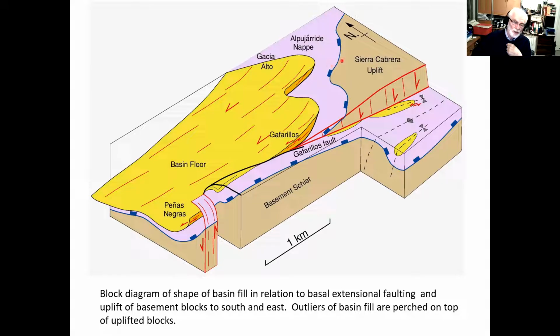So the Sierra Cabrera basement here is uplifted more than the basement on this side. But on this bit over here, this bit of basement is lifted up higher. So it's a kind of a scissors fault. So the sense of movement actually changes from one end of this fault to the other end of the fault because of these differential uplifts. And it's these differential uplifts which are intimately related to the way in which the sedimentary cover is shed into deeper parts of the basins.